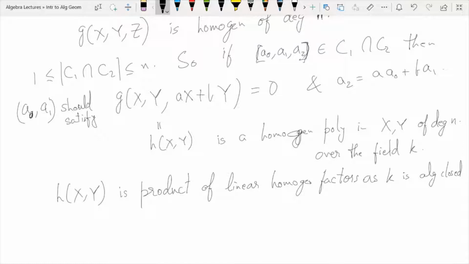So for instance, H(X, Y) may be of the form, you can write it as X to the power n times h1(Y over X), where H is of degree n.